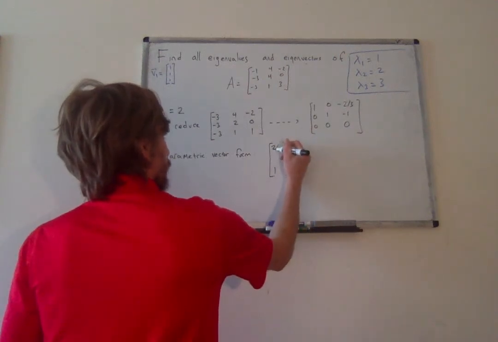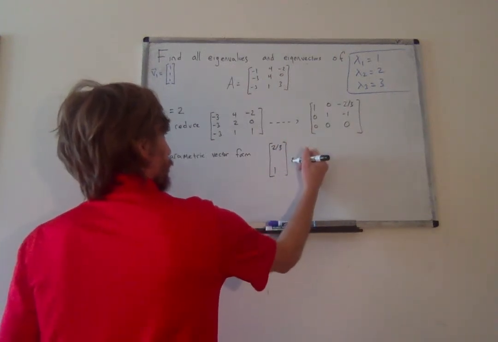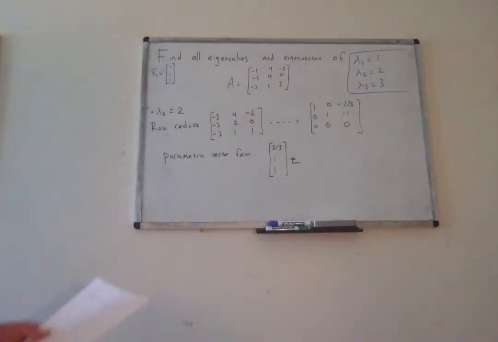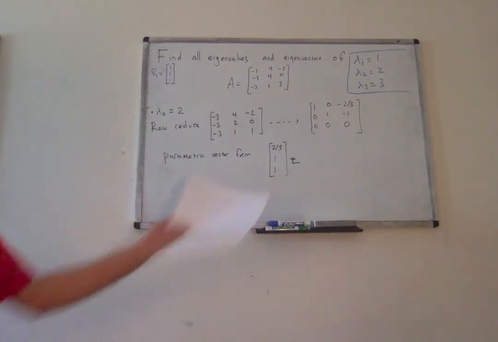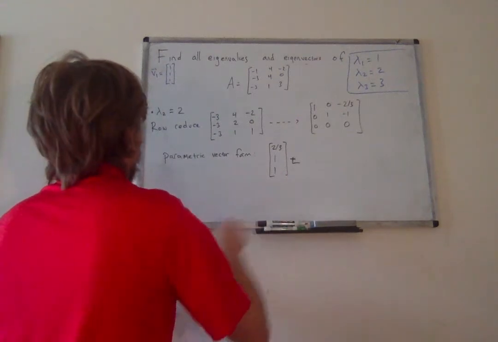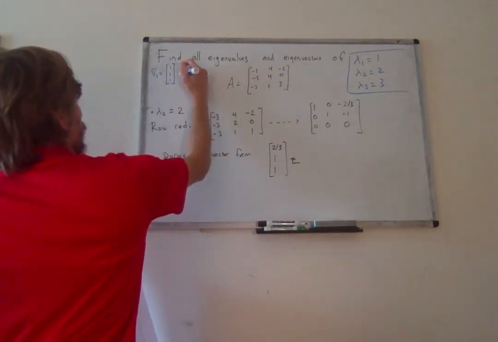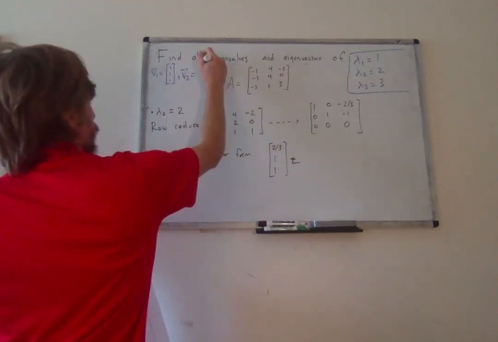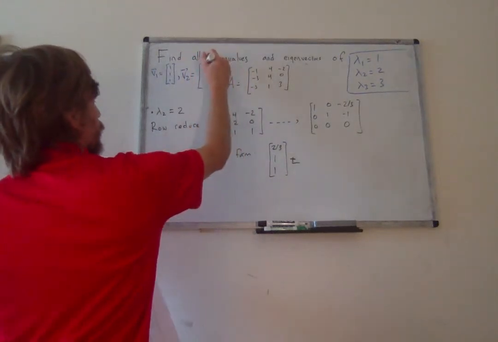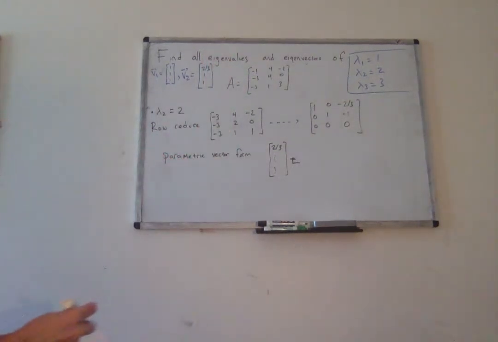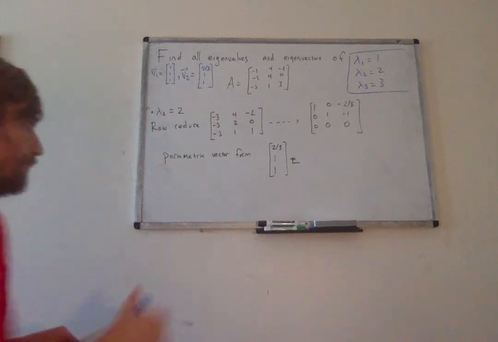And then we know that x1 will always be 2/3 times x3, and x2 will always be 1 times x3. And this vector we get is an eigenvector. So we would know that eigenvector v2 corresponding to lambda 2 equals 2 would be the vector 2/3, 1, 1. All right, so one more to go.